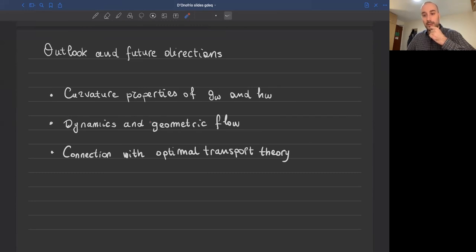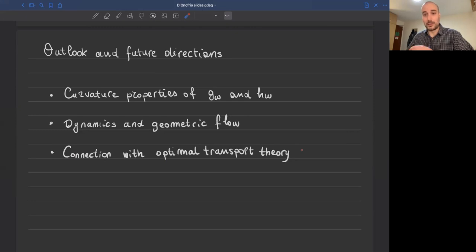And how does this geometric flow relate to the onset of singularities? And the last question, which I'm dealing with currently, is the connection with optimal transport theory.